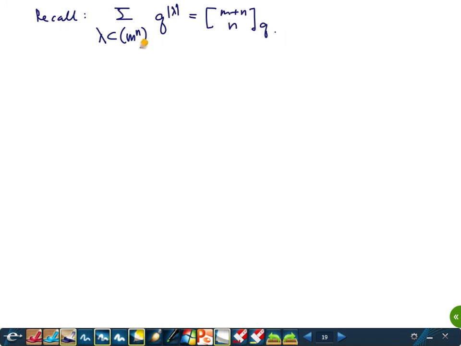Actually, this can be rewritten in terms of binary sequences. So lambda can be considered as a binary sequence.